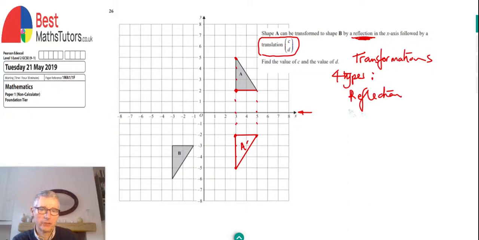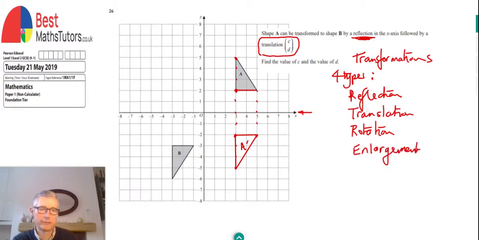We've also got a translation, so that's the 2 we've got here. And we've also got a rotation, and we can have an enlargement as well. So these are the 4 types of transformation.